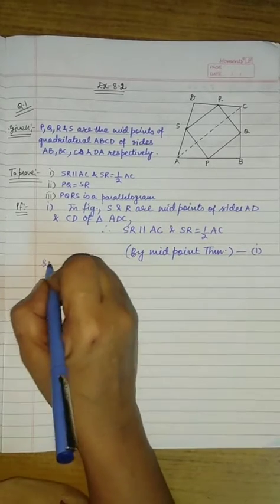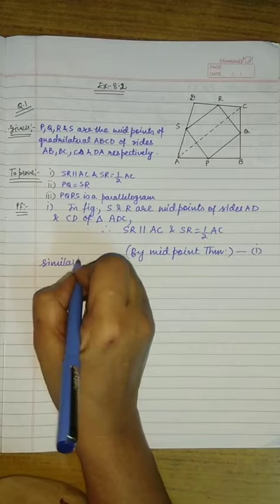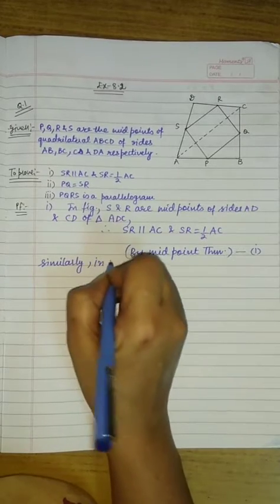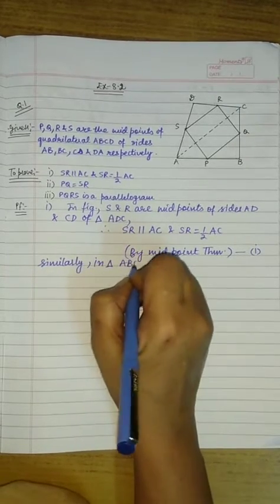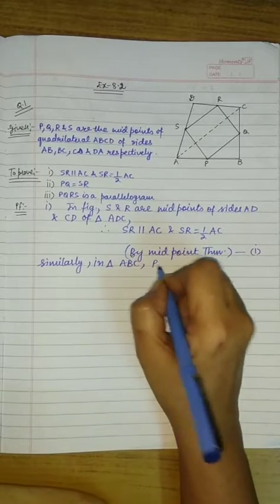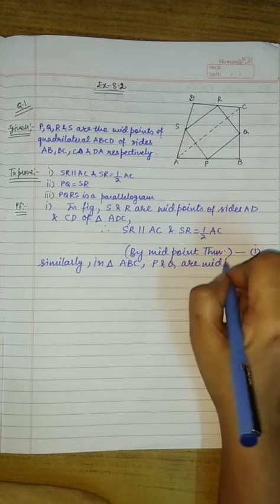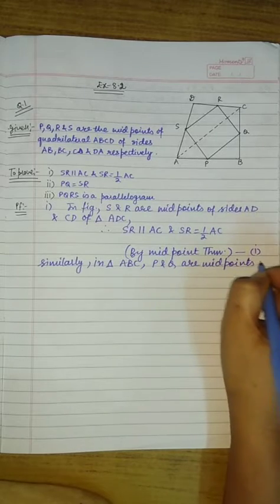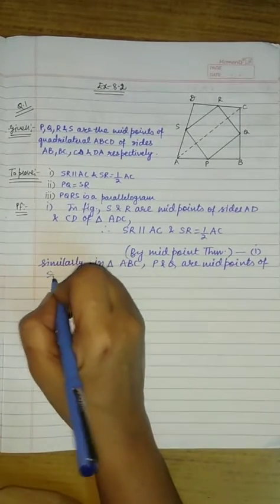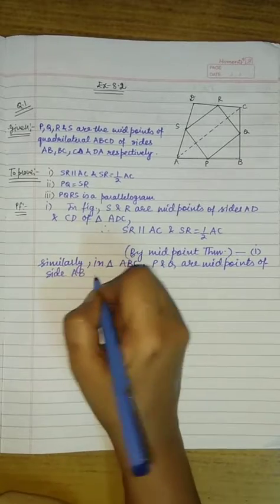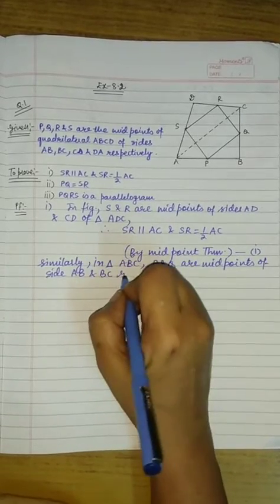Now, similarly, in triangle ABC, P and Q are midpoints of sides AB and BC respectively.